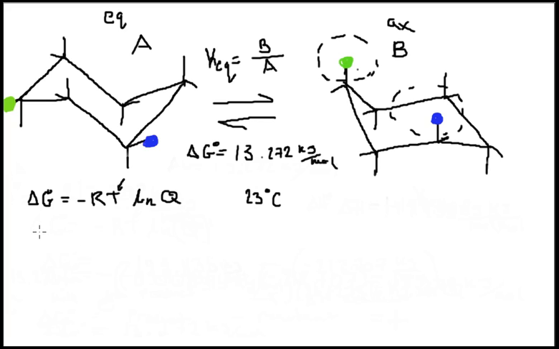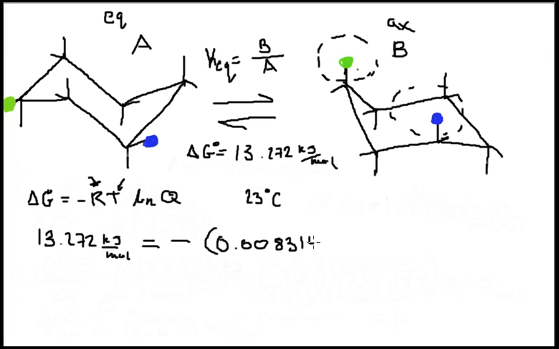This means that delta G, 13.272 kilojoules per mole, is equal to minus R, our gas constant, times the temperature. If we're working in kilojoules per mole, that's 0.008314 kilojoules per mole Kelvin.